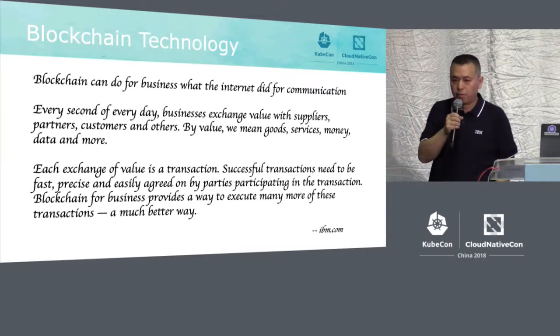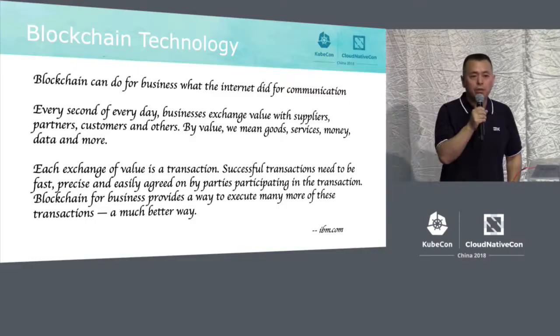I think that's very true. The invention of the internet changed the world. I may also add that mobile devices, the cell phone, really changed how people live their lives. Those are the big changes. Now, people put blockchain technologies in that same category.